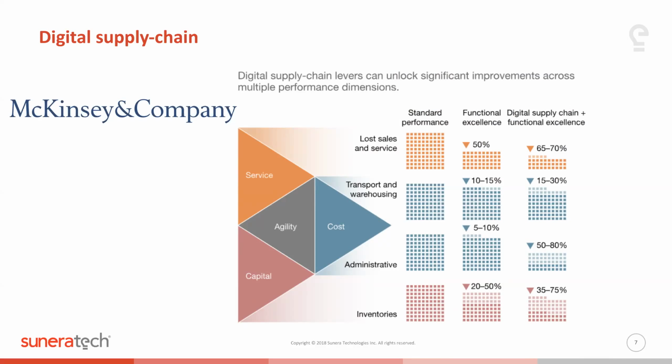Transportation and warehousing has improved by at least 15 to 30%. The administrative costs, which are predominantly labor and administration activities related, have come down by 50 to 80%. And the cost of inventories has come down significantly. In some cases 75%, but on average around 35 to 75%.